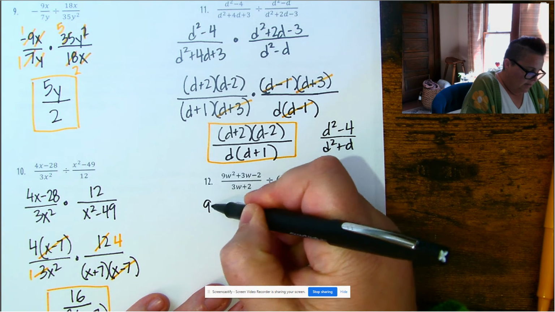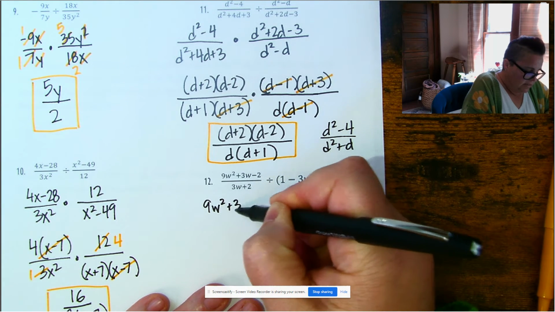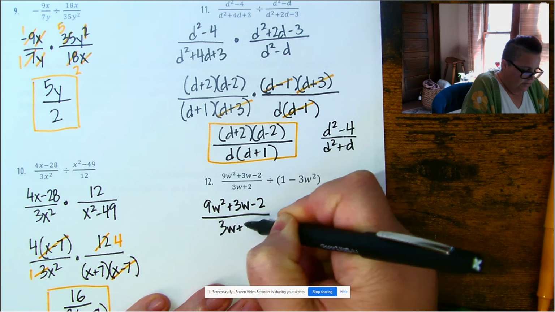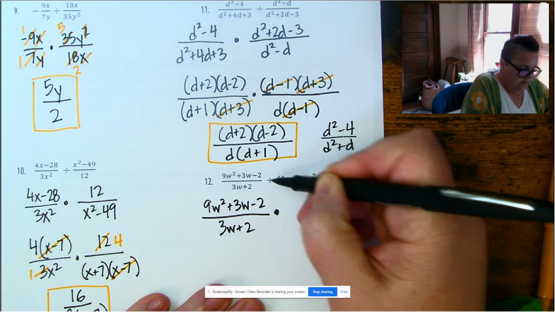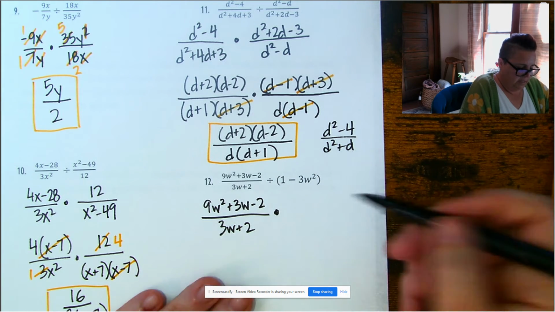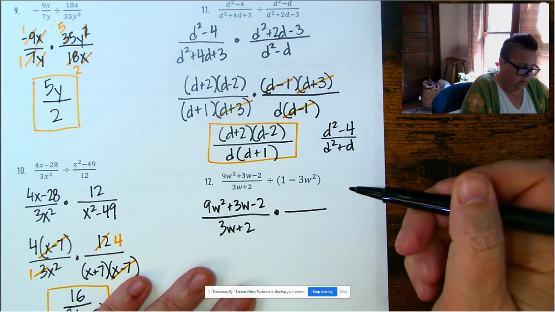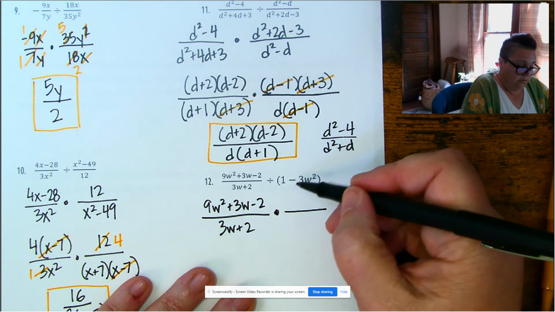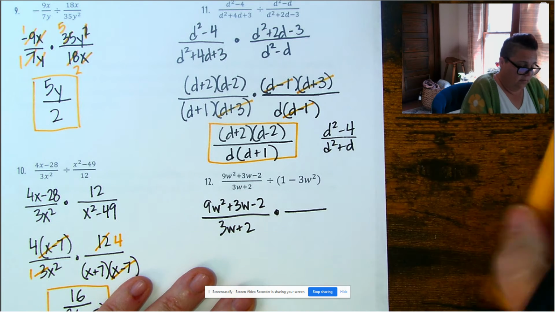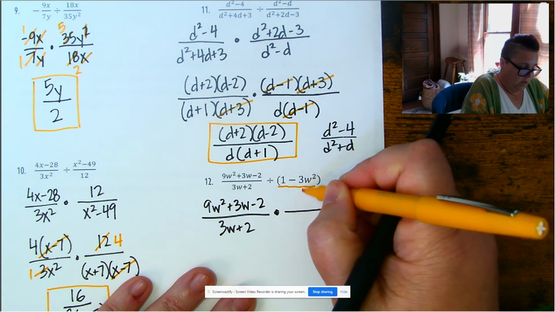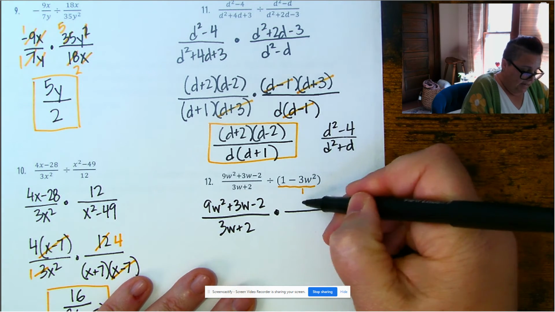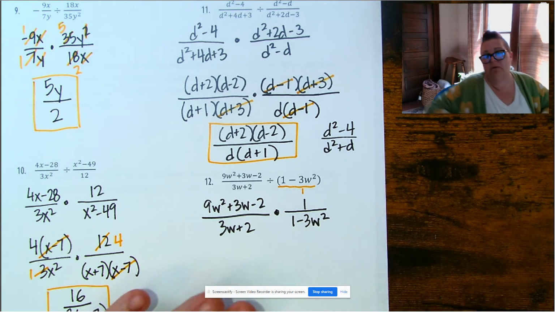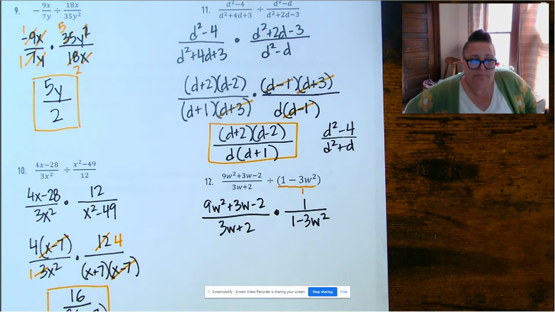All right, problem number 12, keep. So I got 9w squared plus 3w minus 2 over 3w plus 2. Division changes to multiplication, and then I got to flip. So this would be over a 1. So when I flip it, it's going to be 1 over 1 minus 3w squared. Okay, great.